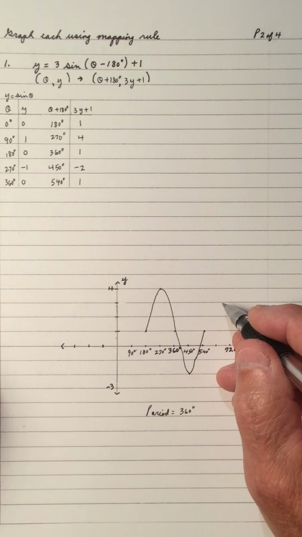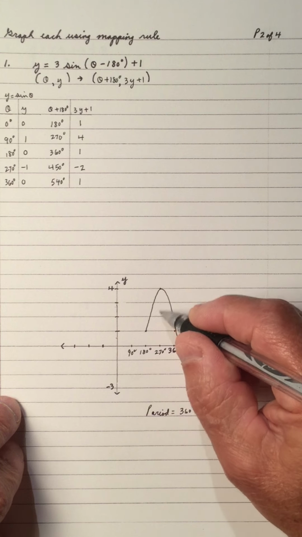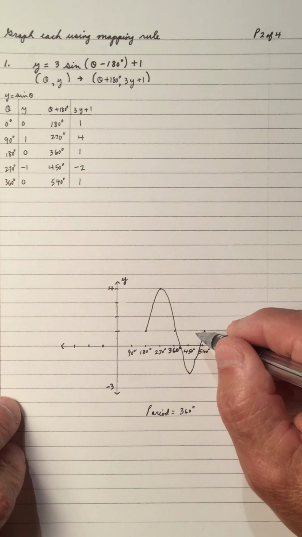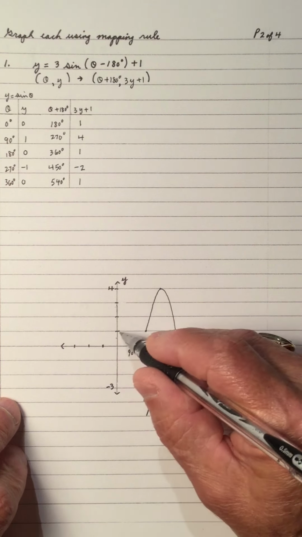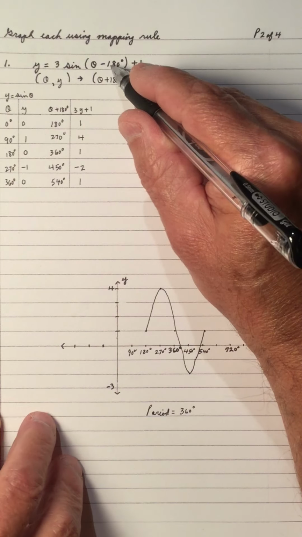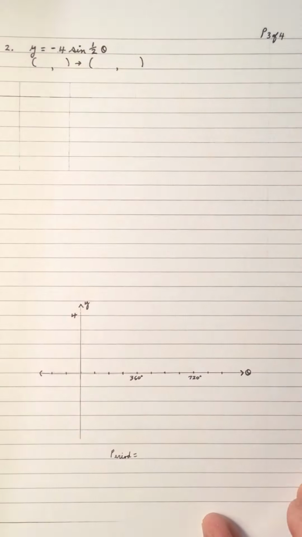As you can see, it's moved up, it's stretched by 3, and it's moved horizontally 180 degrees to the right, which is the opposite of minus 180. So that's using the mapping rule.